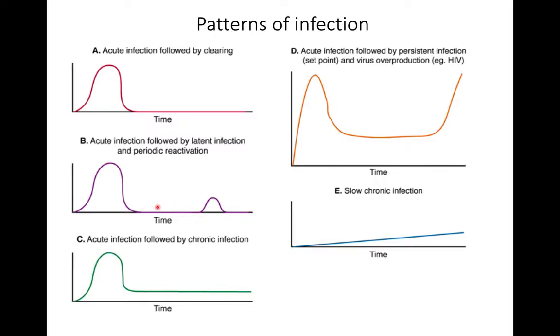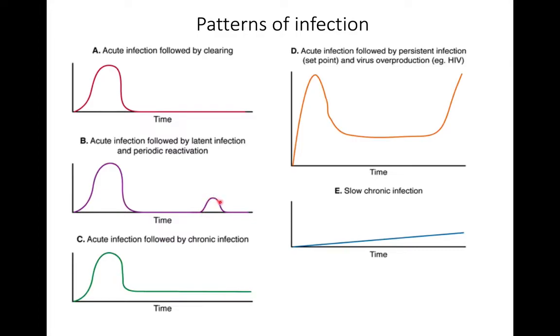The second one is a latent infection. These always begin with an acute phase, and then the amount of virus in the body disappears. The virus is dormant. We don't get new viral replication until sometimes later, and it could be weeks, it could be months, it could be years before reactivation occurs.